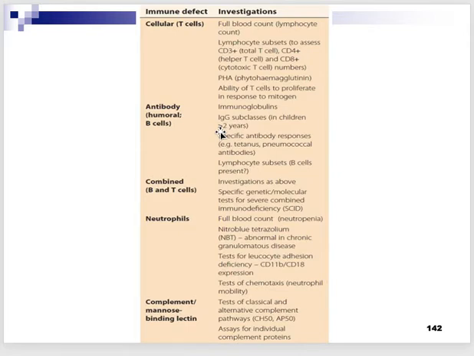So this is to check the cellular T cells. And then we can do some tests to check the antibody or humoral response of B cells. We can measure the immunoglobulin levels, the IgG subclasses, or specific antibody responses, like we can give tetanus and pneumococcal antigens and stuff like this, right? There are some tests to check for combined B and T cell function.